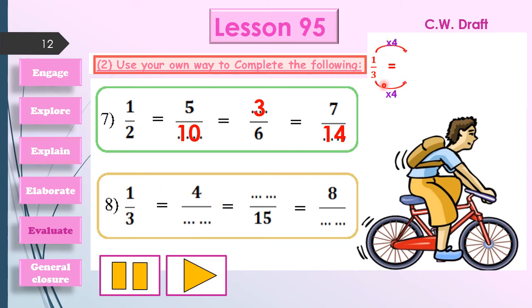And as I do up, I will do down. 3 by 4 equals 12. It will be 4 twelfths. And one third, one more time to our original fraction. One third equals how many fifteenths? Ask yourself, 3 by what equals 15? It will be by 5. And as I do down, I will do up. It will be 1 by 5 equals 5 fifteenths. And write down here 5.